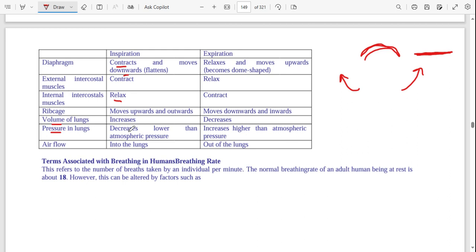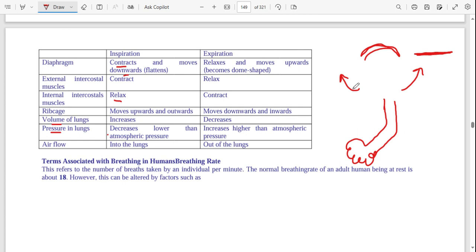There's going to be a decrease in the pressure, lower than the atmospheric pressure. And look at this. Here, let me draw this as the air sac.